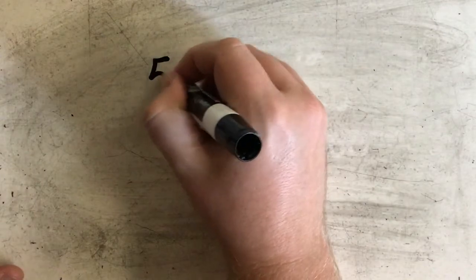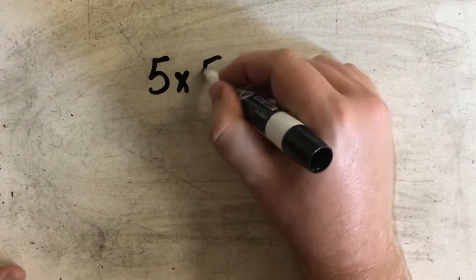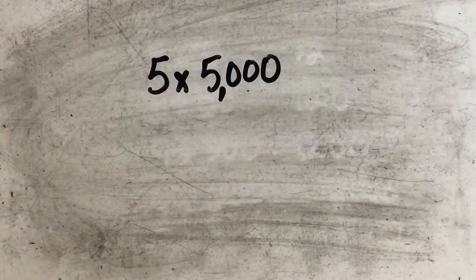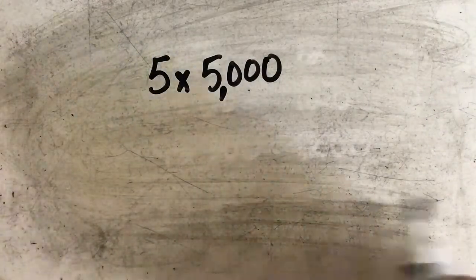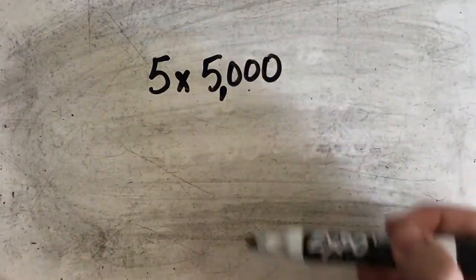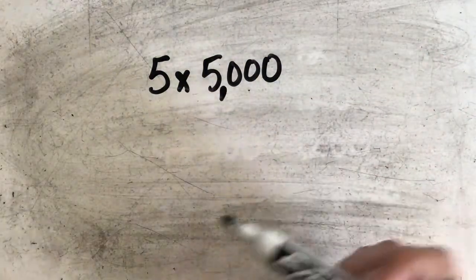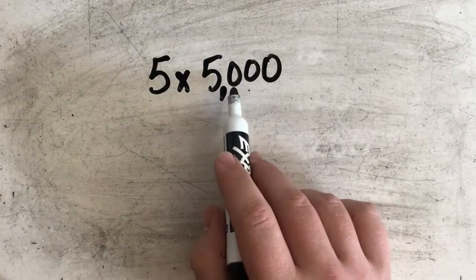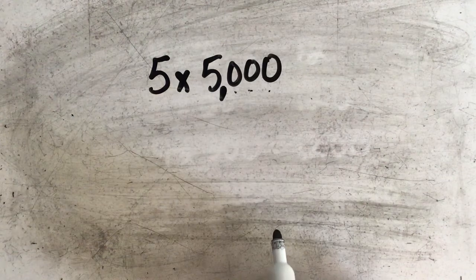For this example, I'm just going to pull a larger number. In this case, I have 5 times 5,000. I don't need to list all of the 5 times 100, 5 times 50. I can simply look at my basic facts. This only works when my number ends in zeros, because it's a multiple of 10, 100, or 1,000.